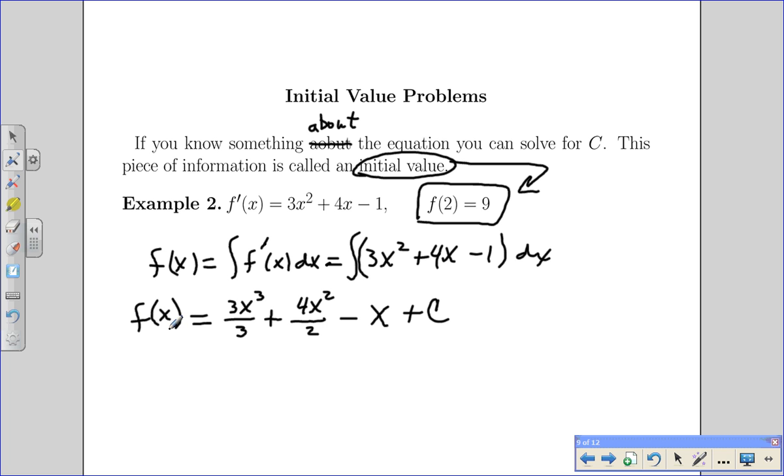So now to solve for c, I'm going to use that initial value. I know that f of 2, so if I plug in a 2 here, I'm going to cancel the 3's. I get 2 cubed, and then 2 times 2 squared, and then minus 2, plus c. And that all has to add up to 9.